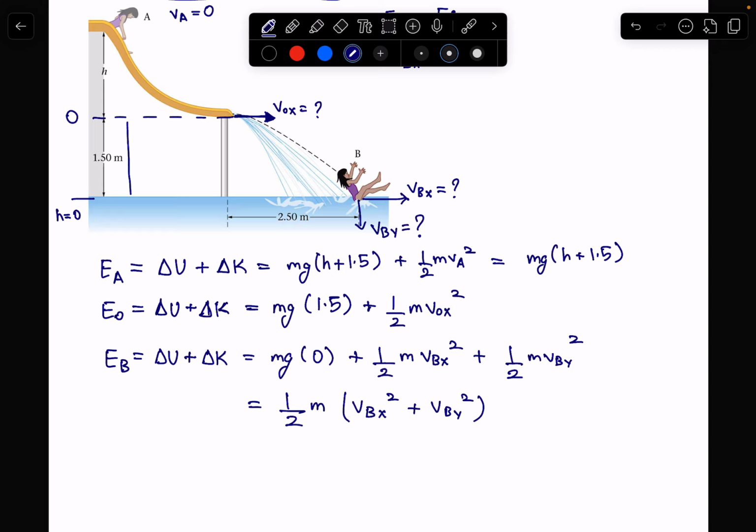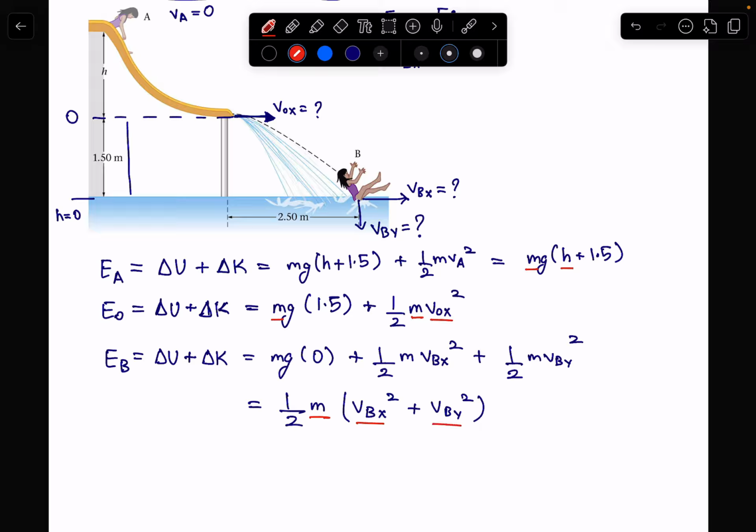So if you look at this expression, there are a lot of unknowns. Let me mark all my unknowns with red. So that's an unknown, that's an unknown. Mass, again, is an unknown. Vox is an unknown. Mass is an unknown.